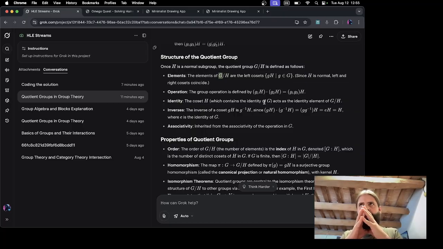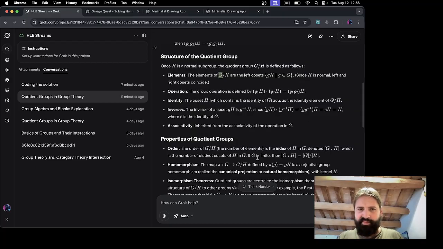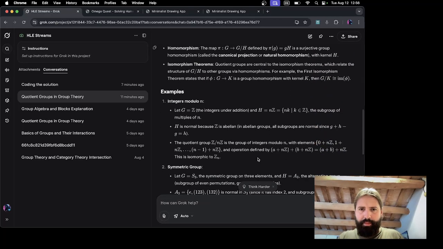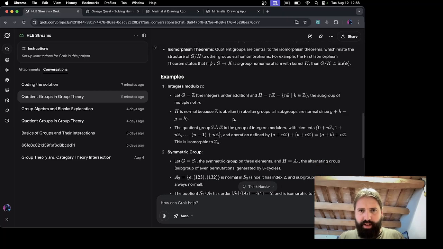So you're doing modulo H. And then I guess you're focusing just on one of these. That's what I'm missing from that definition. So that's an example.